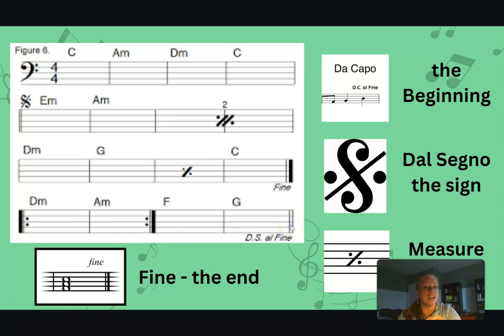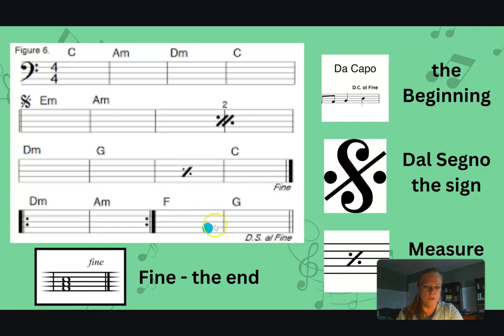Now, this is not a da capo repeat, this is a DS al fine. DS means the sign, and in Italian, that's dal segno. That GN is just like in the word lasagna. It's just how they have that ñ sound, or like if you know Spanish, how they have the tilde over the N. This is how they do it in Italian. Dal segno means the sign.